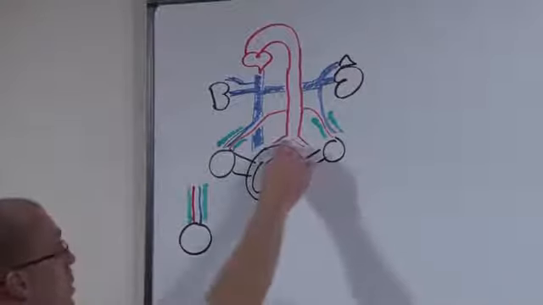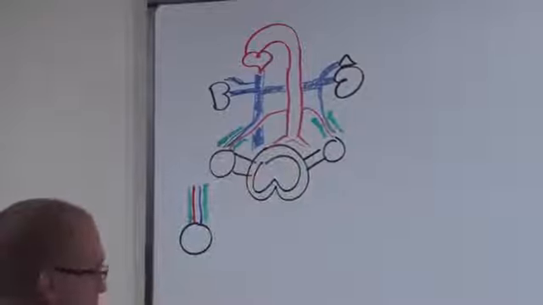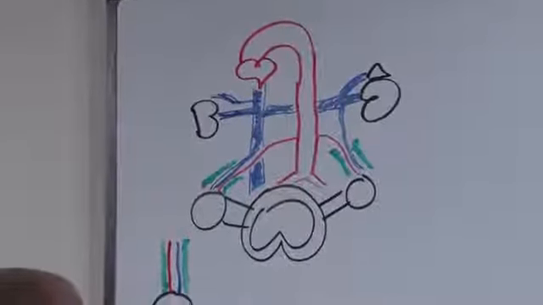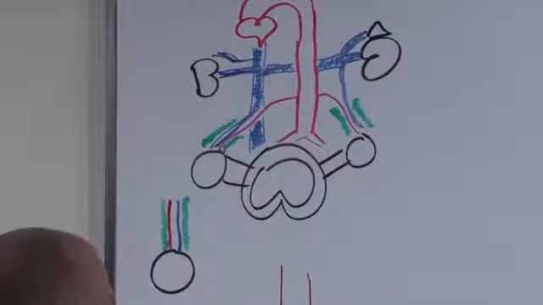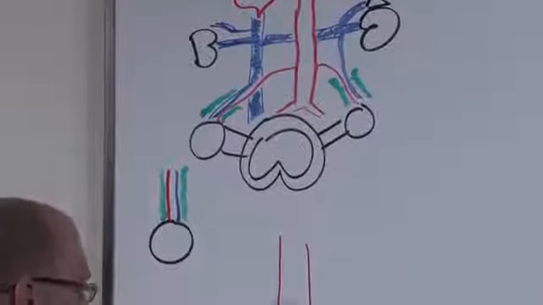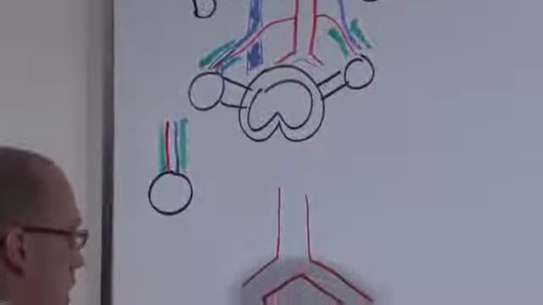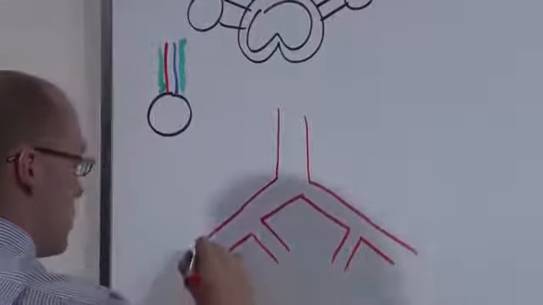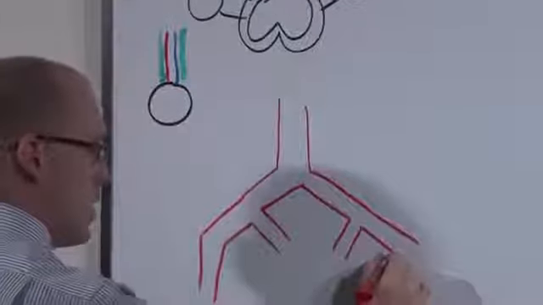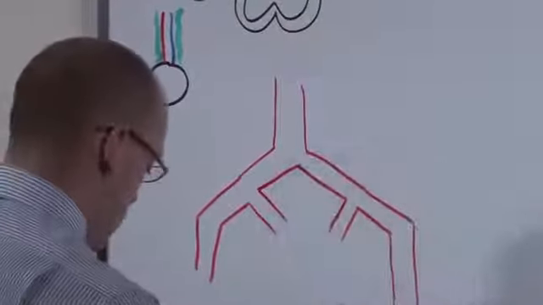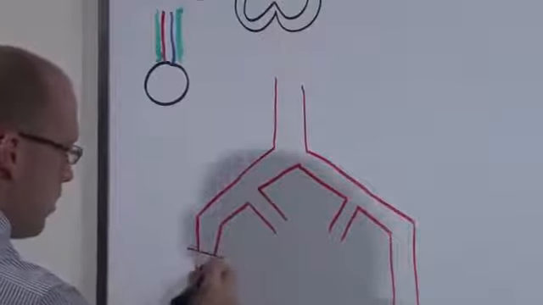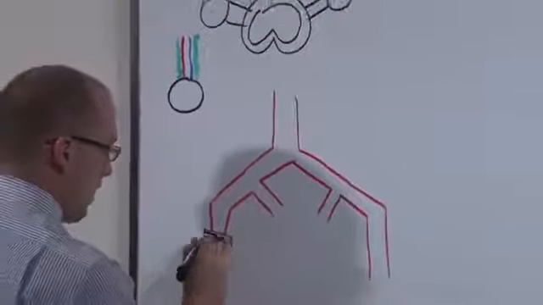Let's zoom in and talk a little bit more about the uterine supply. The aorta comes down and branches into the common iliac arteries. The common iliacs branch into the internal iliacs and continue as the external iliacs. External iliacs give rise to the femoral arteries as they pass through the inguinal ligament.